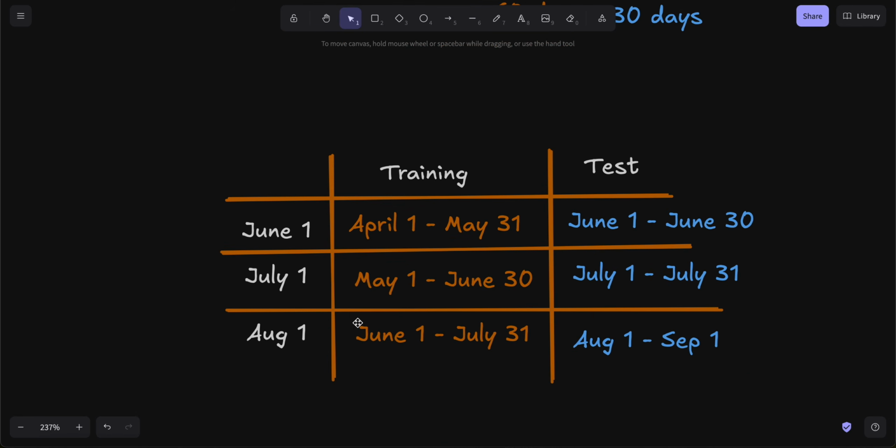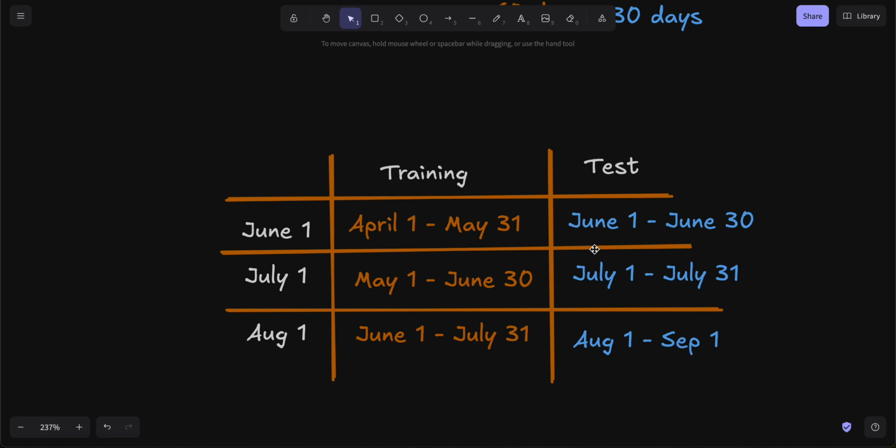So here's again a tabular format. Basically, if on June 1st, the testing will be from June 1st to June 30. When we trade, it'll be based on the training for the entirety of April 1st to May 31st. I'm just taking a round figure because 60 days can be exactly 60 days. So these dates might not be exactly correct, but you can say the entirety of April and the entirety of May is the training data for the June 1 test, which lasts till June 30.